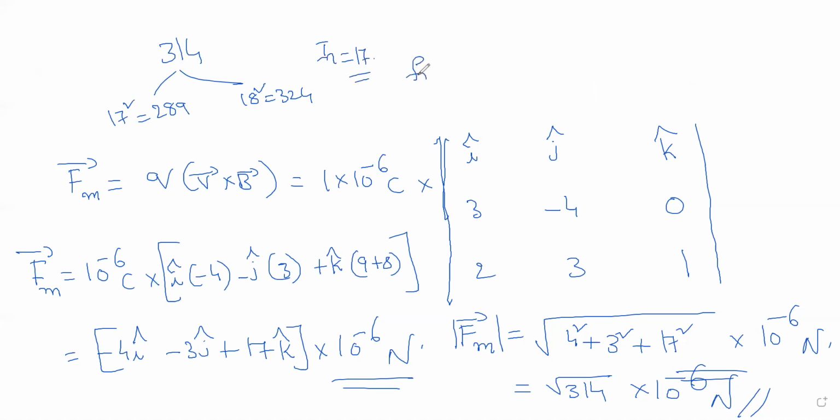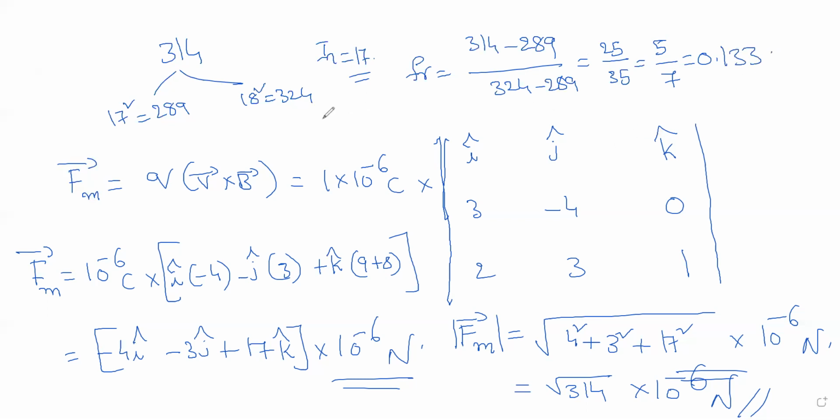The fractional part is what you had to solve, that is 314 minus 289 whole divided by 324 minus 289. So you get around 25 by 35, so you get 5 by 7. So the 5 by 7 is about 0.133 is what you get.